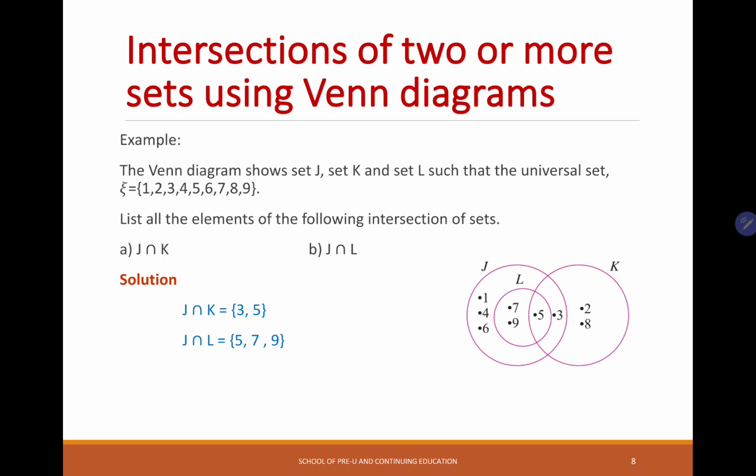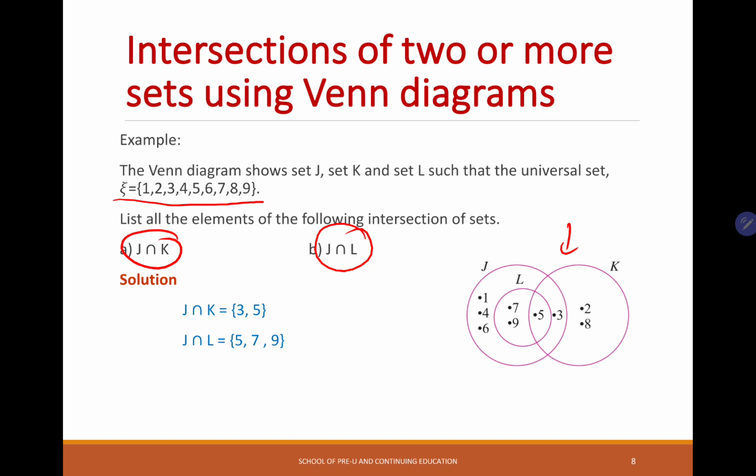Okay, the next one, intersection. This one we can go through as an example. The Venn diagram shows sets J, K and L within the universal set. List all elements of the following intersections of sets. First, they want us to find J intersect K based on this diagram, and J intersect L based on this diagram.